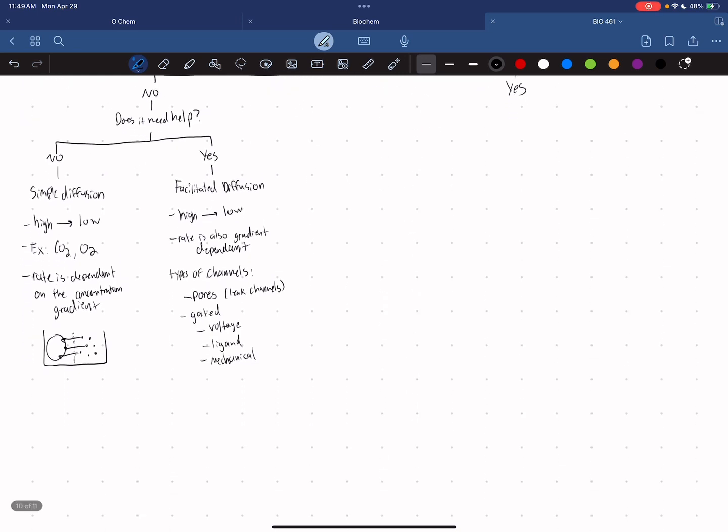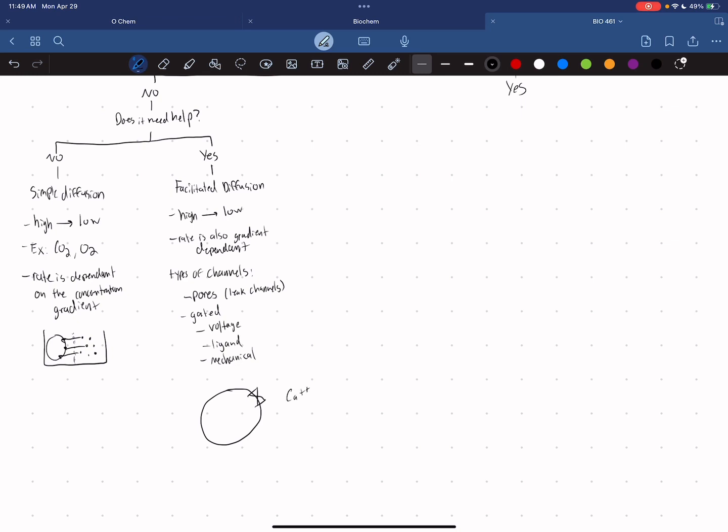And when talking about the specificity of these channels, if we draw a cell here, say we have a channel that is blocked off. It's not open. There needs to be something that happens in order to open this channel. This channel could be specific to, I don't know, anything like calcium.